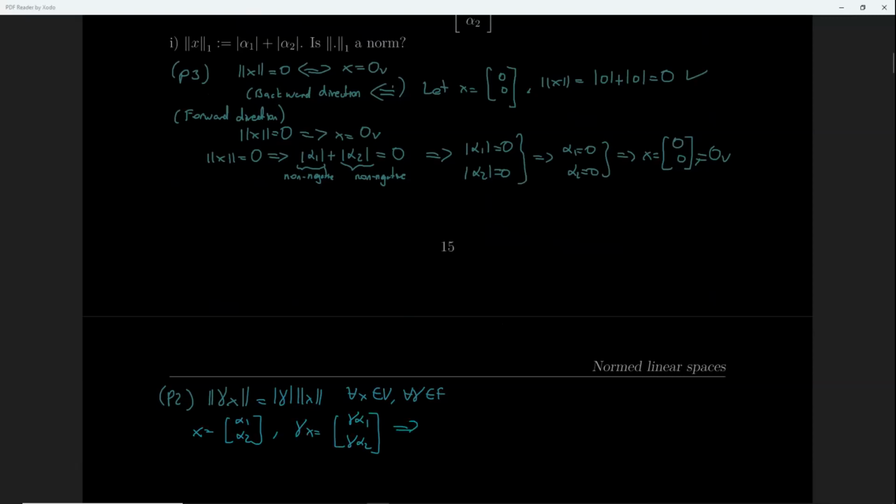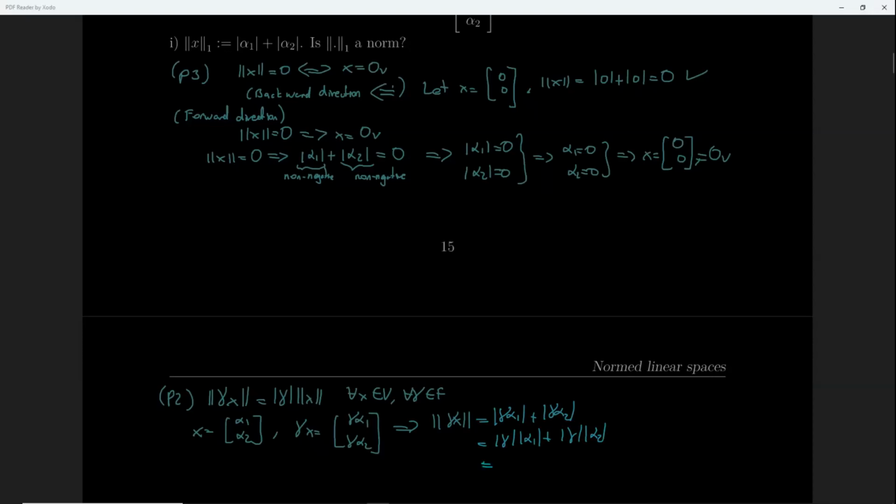And if I compute the norm of gamma times x, according to that definition over here, it will be the absolute value of the first term plus the absolute value of the second term. So it will be equal to absolute value of gamma times alpha 1 plus absolute value of gamma times alpha 2. And that is equal to absolute value of gamma times absolute value of alpha 1 plus absolute value of gamma times absolute value of alpha 2.